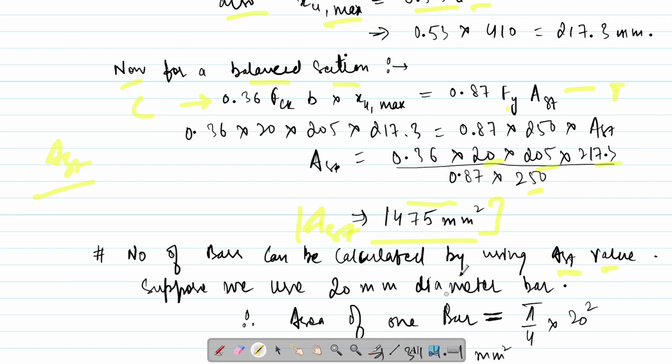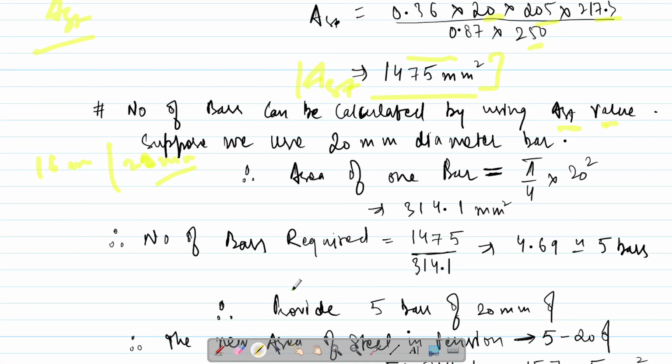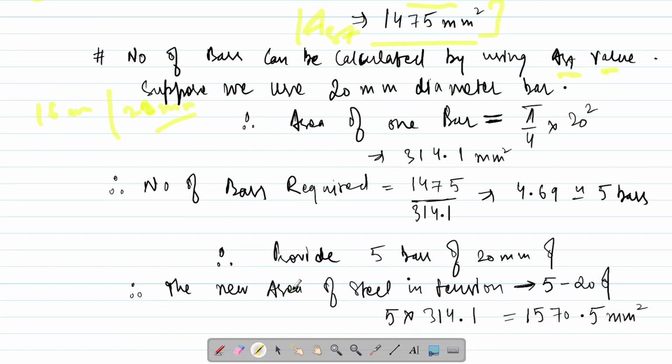Now in order to calculate the number of bars from the Ast value, we'll calculate roughly the area of one bar of either 16 mm or 20 mm. Firstly we'll calculate the area of a 20 mm bar, which will be pi by 4 into d square. d is 20 as we have considered, which comes out to be 314.1 mm square.